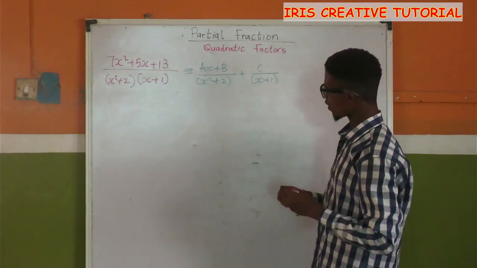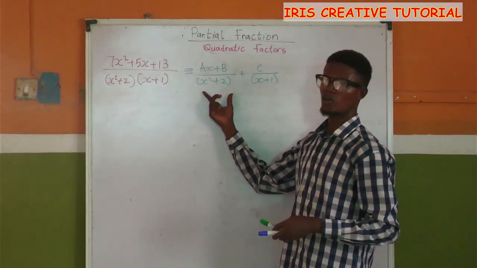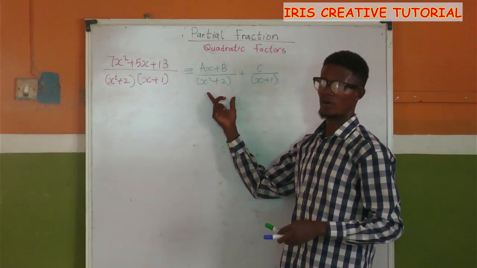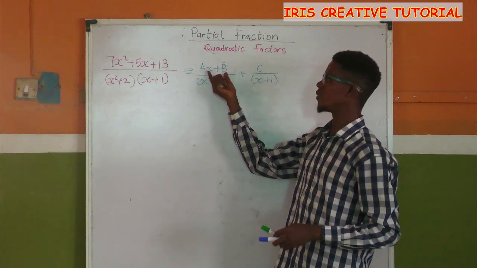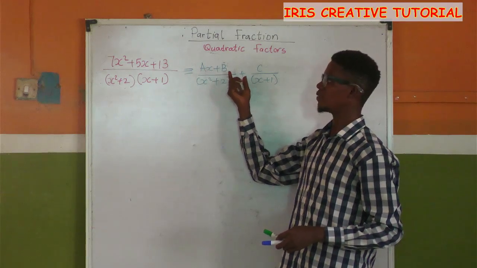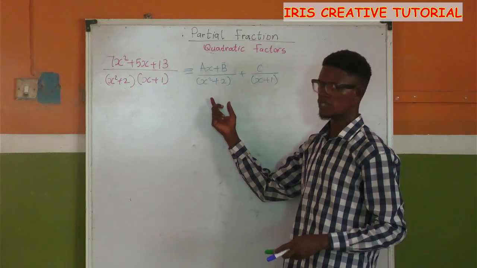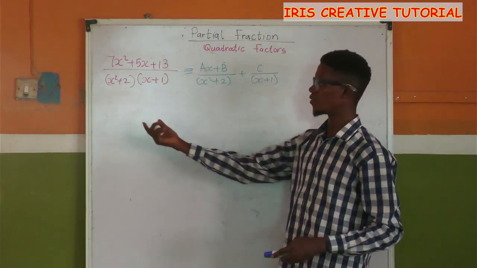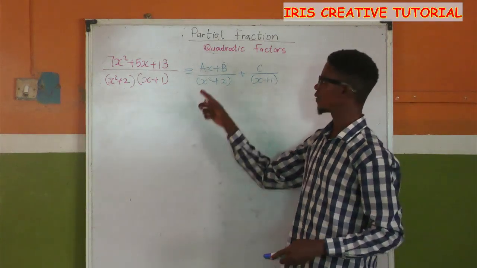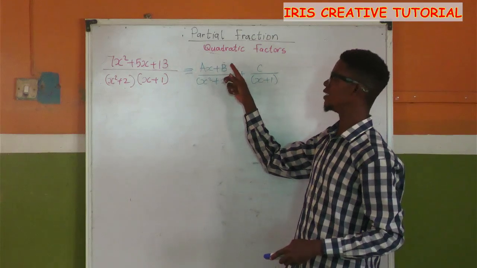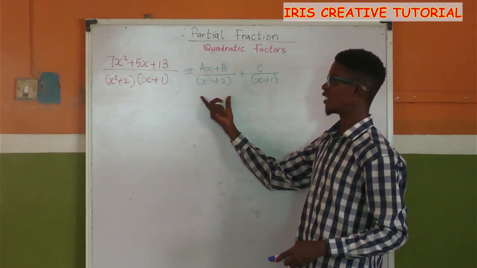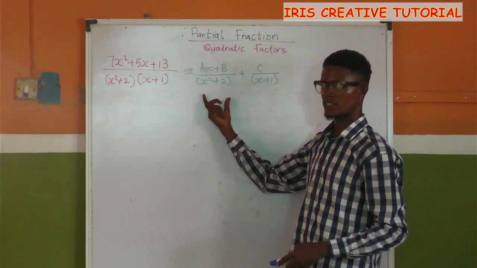Because we have a quadratic expression that is not factorizable, that is what gives birth to this expression of the variables that we're going to be looking for later as we solve this question. So take note, when you have a quadratic factor that is not factorizable, this is going to be the expression of the numerator for that kind of denominator.